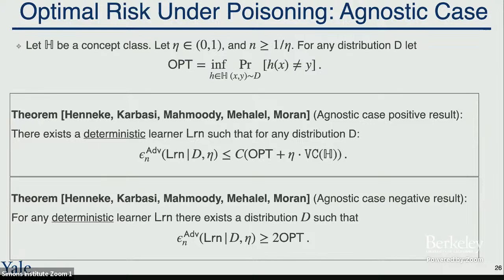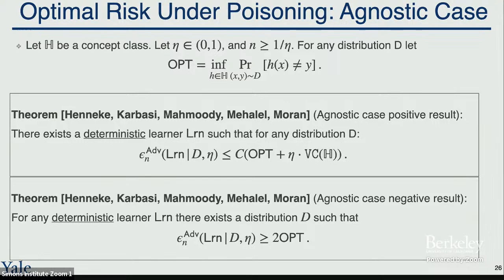But then you want eta to scale at least like 1 over the VC dimension? Yeah, so the bound cannot be better than opt plus this. Okay, just to be clear, this is the best you can get.